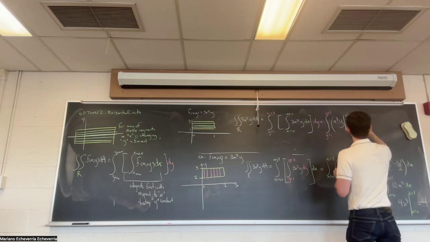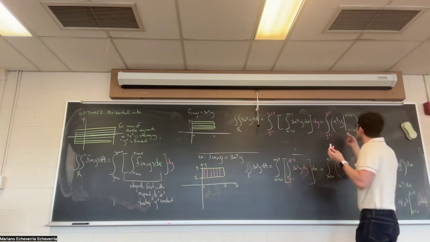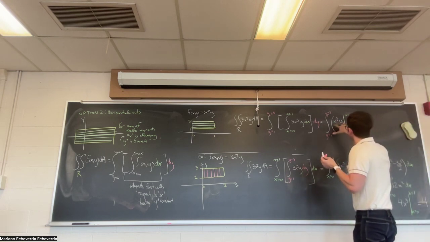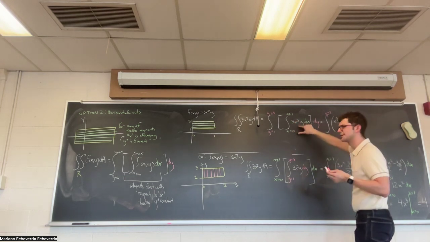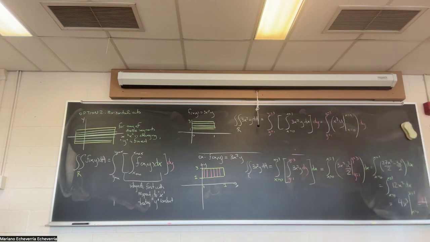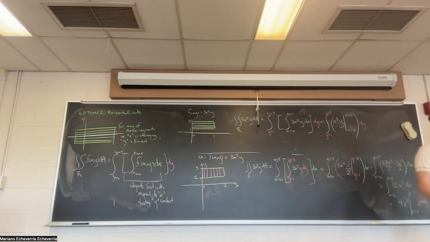Whatever we get, we integrate with respect to y. Right, because it's like an antiderivative, but it's kind of like the partial derivative of this with respect to x gives you 3x squared y, in the same way in which the partial derivative with respect to y gives you the other thing. So it's like an antiderivative, but in either x or y, depending on which integration you're doing first.